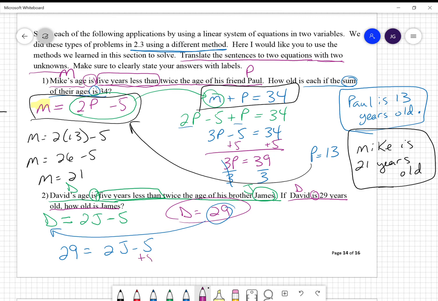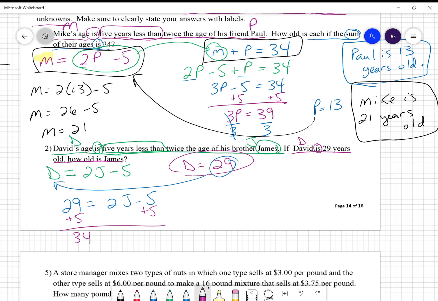Add 5 to both sides. 34 equals 2J, and divide by 2. James is 17 years old.